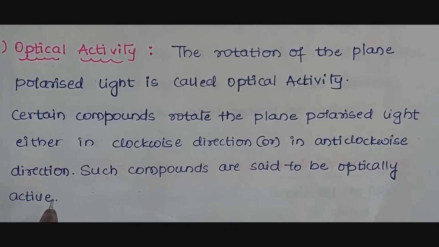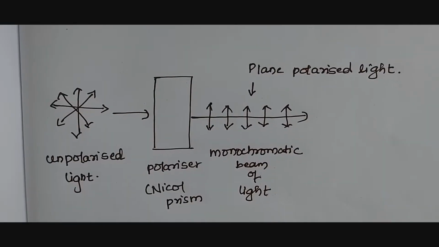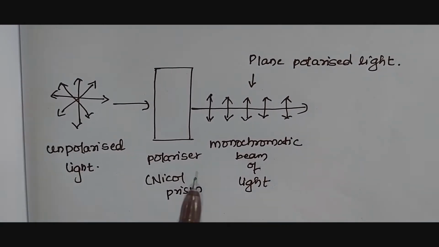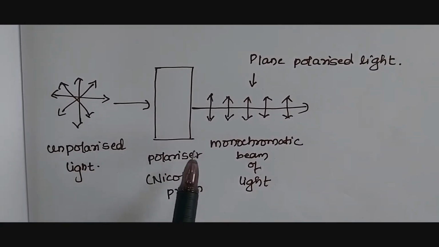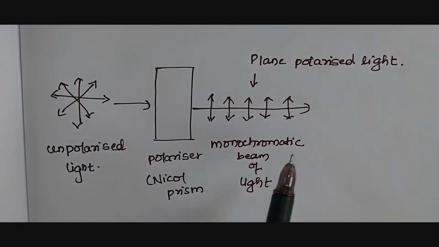To understand this, again we'll consider our example. What kind of light had we obtained? We had seen that when the unpolarized light was passed through a polarizer, the light coming out is polarized light moving in a single plane.